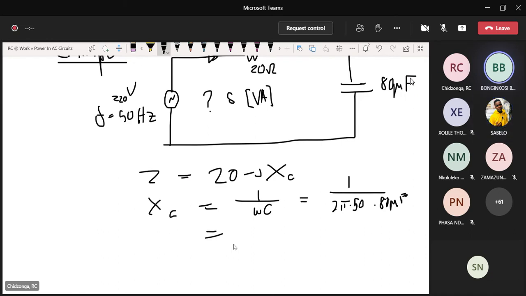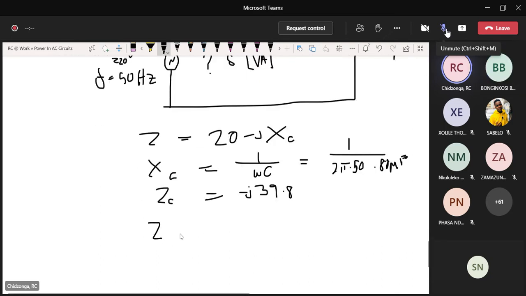That is 0.04... It is 39.78. That's correct, 39.78. So ZC is minus j 39.8. That by itself is the reactance.